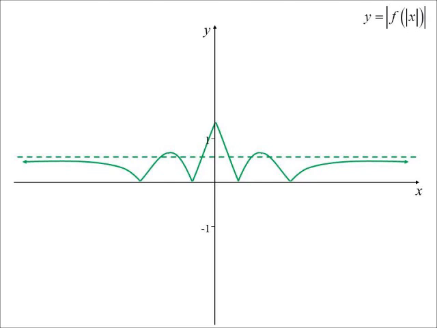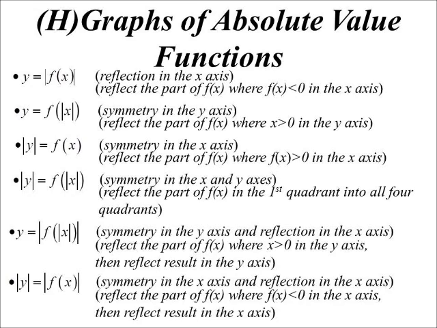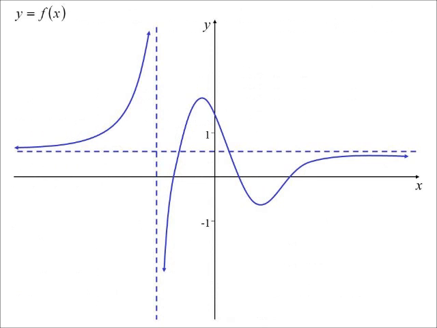Okay, absolute value of y is equal to the absolute value of function x. So this is where I could combine the first and the third one. So we'll have symmetry in the x and also reflection in the x. All right, there's our original one.